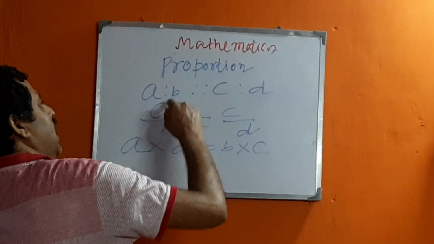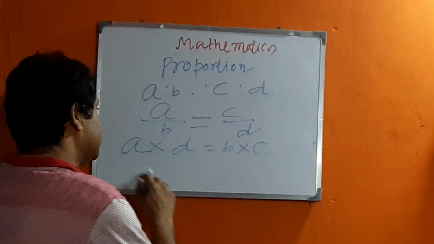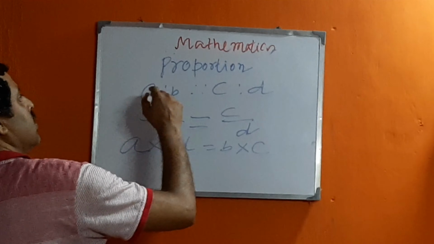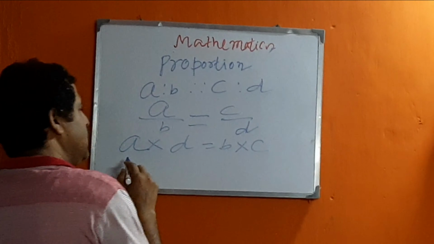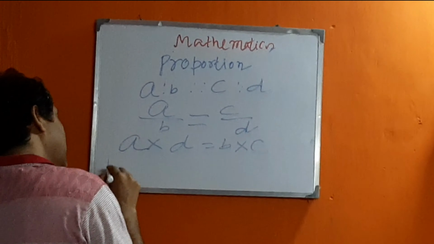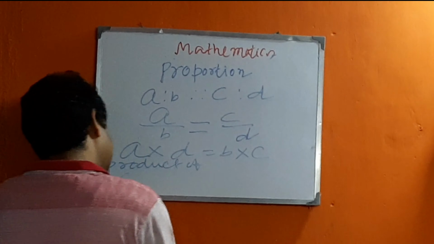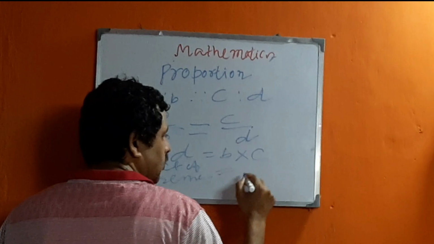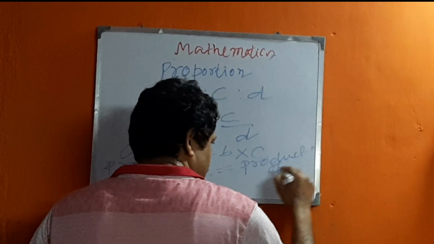Here, B and C are the means and A and D are the extremes. After cross multiplication, A into D equals B into C. That means A into D, the product of extremes, equals the product of means.